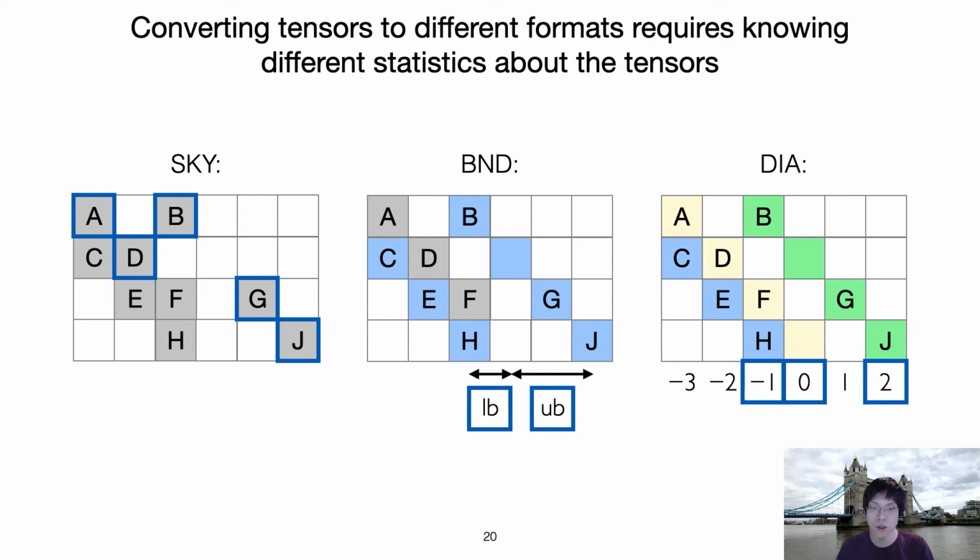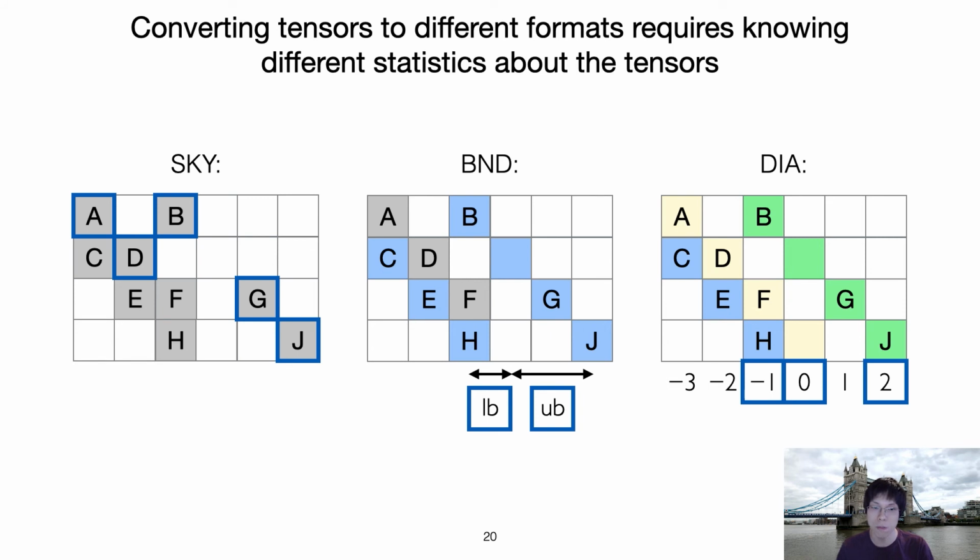And furthermore, as we'll see shortly, computing any one of these statistics for a tensor can require very different code depending on what format the tensor is originally stored in. So in order to support converting tensors between arbitrary source and target formats, a compiler must be able to generate efficient code that can compute these kinds of statistics for inputs that are in arbitrary formats.